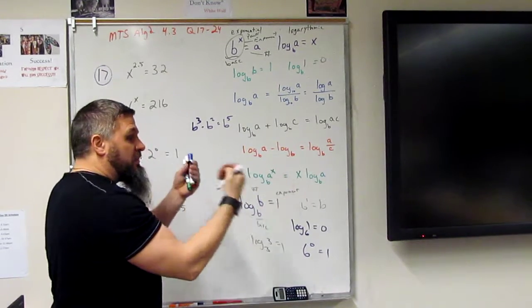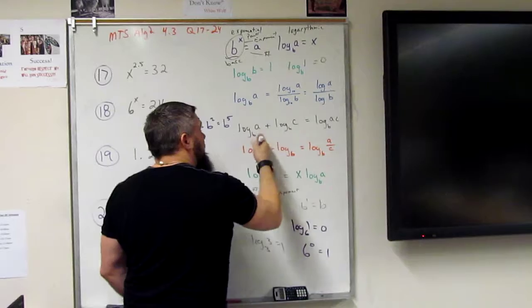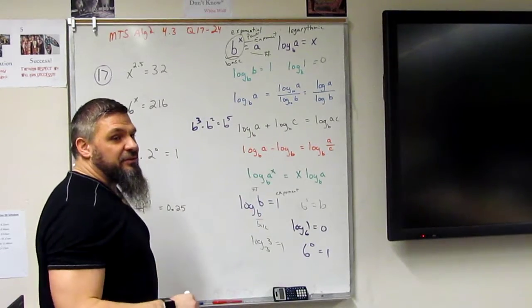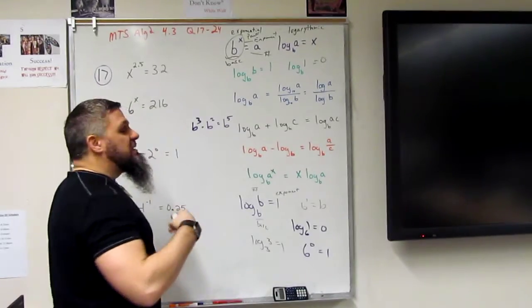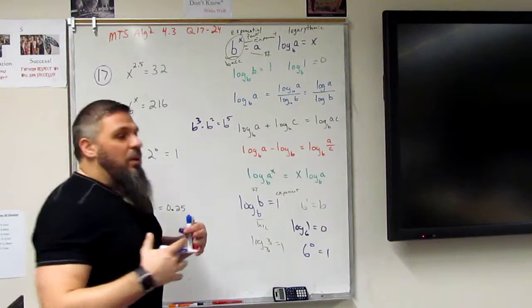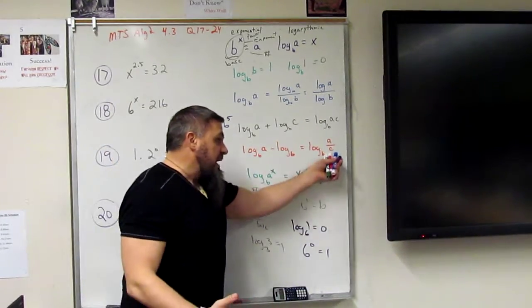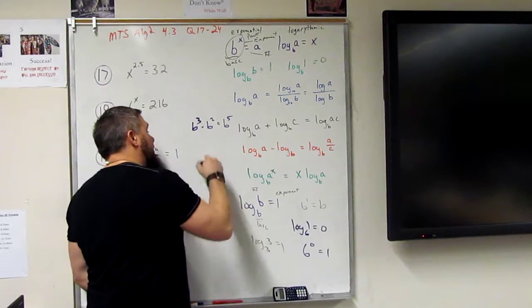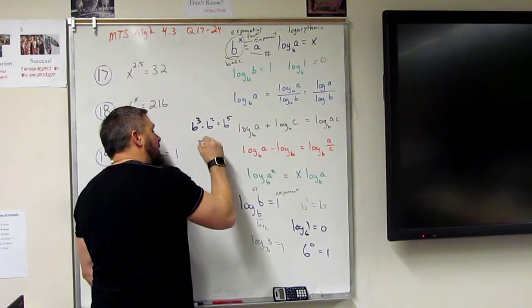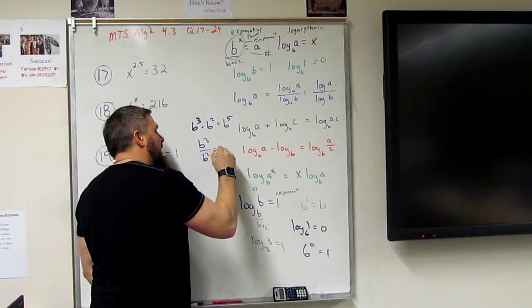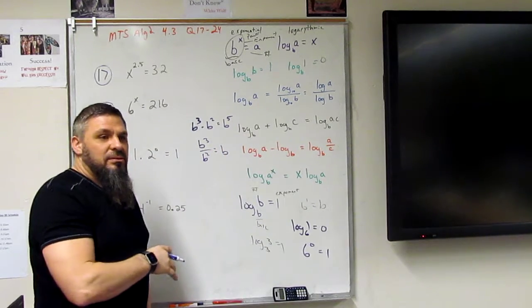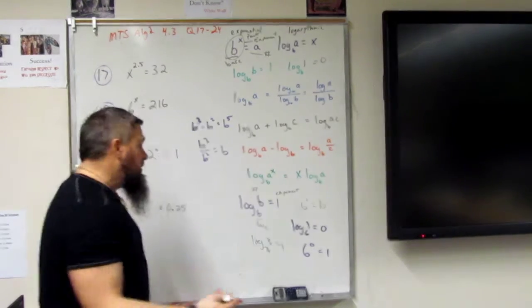We multiply the two numbers, and then they'll be underneath the same base. In the same aspect, when we subtract, we divide. Just like when we divide, if I have b cubed over b squared, I get b. We subtracted exponents. It's the same thing.